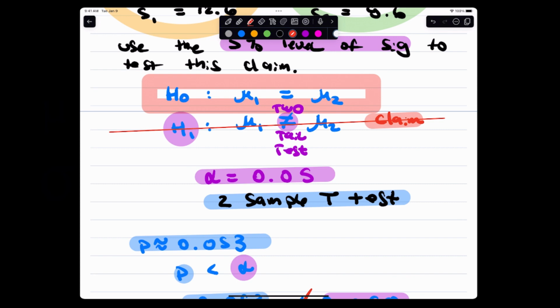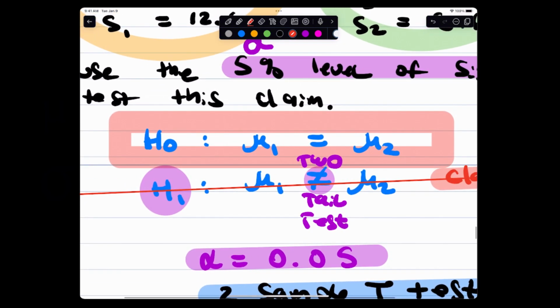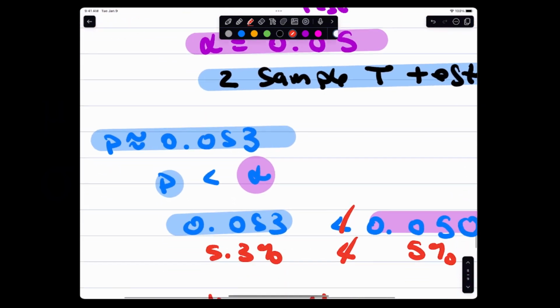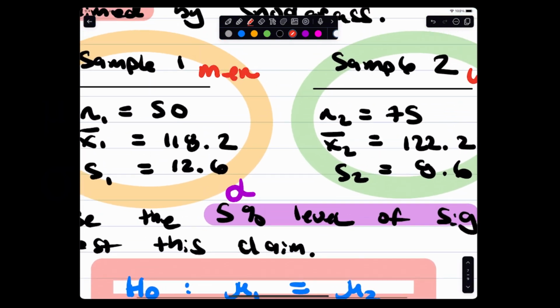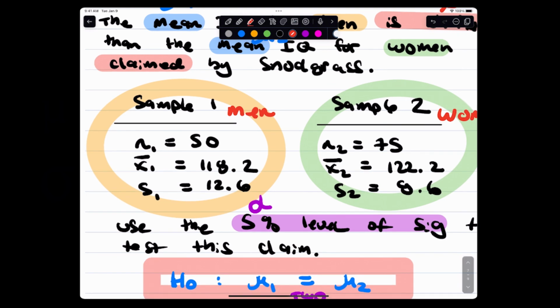So this test, you want to know what this test is revealing or saying? That the mean IQs are the same. So Snodgrass is wrong. Men and women have the same IQ based on this hypothesis test, really based on the sample information. What do you guys think?